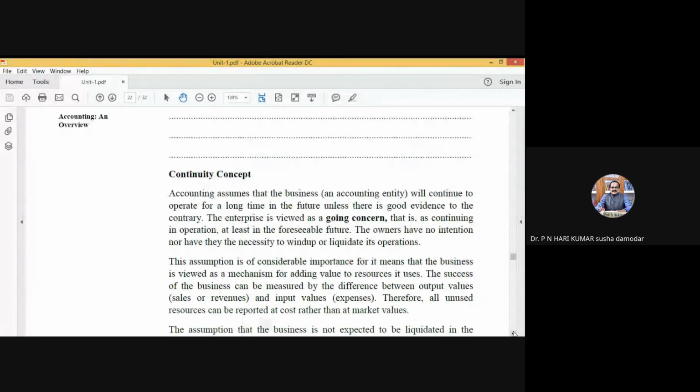As per the provisions of the Indian Companies Act 1956, once a company is formed, it continues to exist for a longer period. The death, the retirement, and the dissolution of the stakeholders or employees will not affect the functioning of the business organization. So that is the continuity concept.